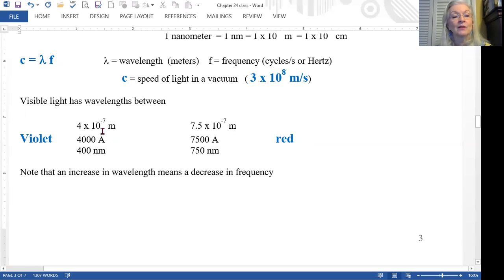It should be with a little circle over the A. Or 400 nanometers for the violet end of things, the lavender end. So if wavelength, lambda, goes up, f comes down, and vice versa. Things with a large wavelength have a small frequency and vice versa.